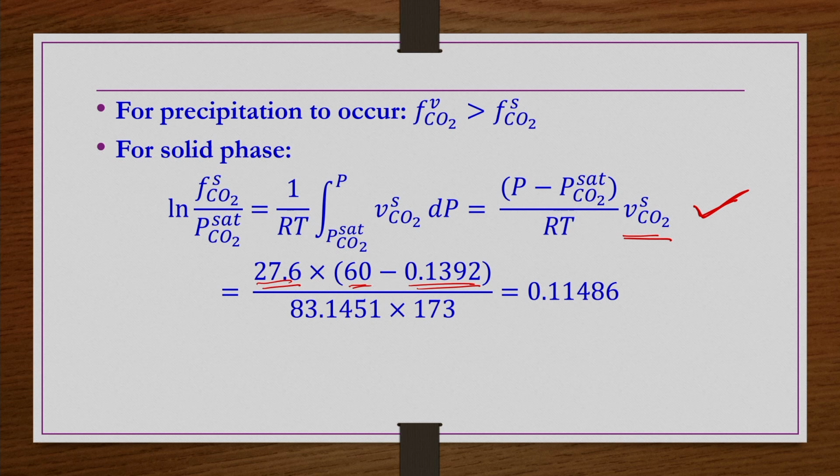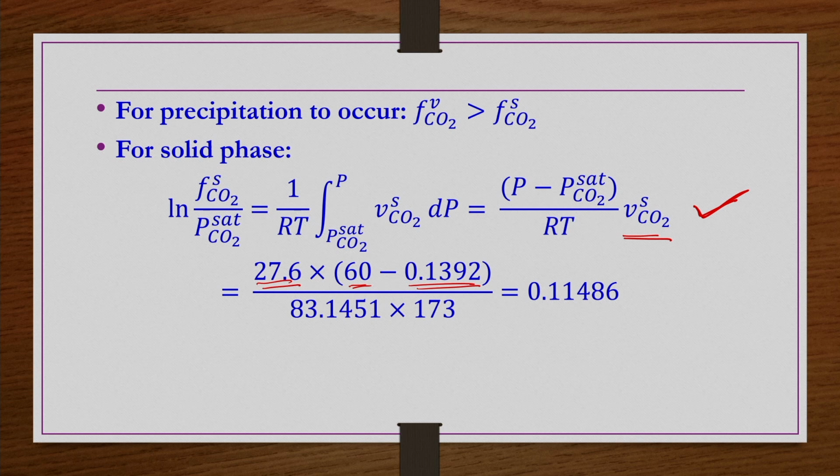In the problem statement it is given; otherwise we have to find it from textbooks, or use the Antoine equation at this temperature, minus 127. At that temperature we have to find the corresponding saturation pressure from the Antoine equation using the Antoine constants A, B, C.